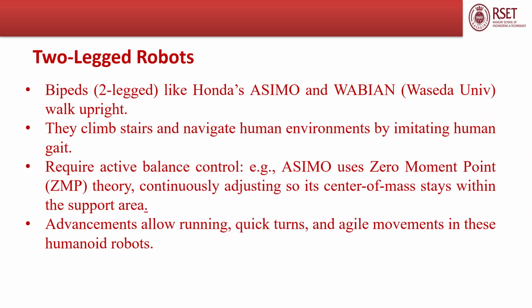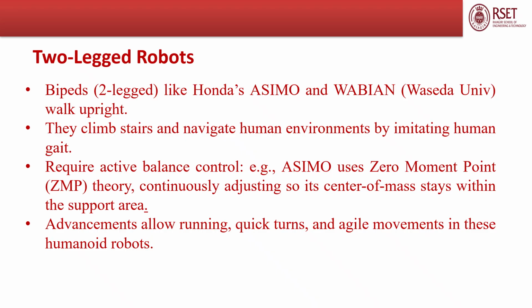Coming to the two-leg robots like Honda's Asimo and Rabian. They climb stairs and navigate human environments by imitating human gait. They require active balance control. For example, Asimo uses zero moment point theory, continuously adjusting so its center of mass stays within the support area.